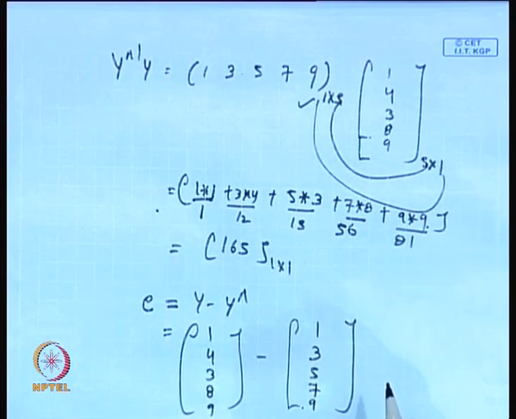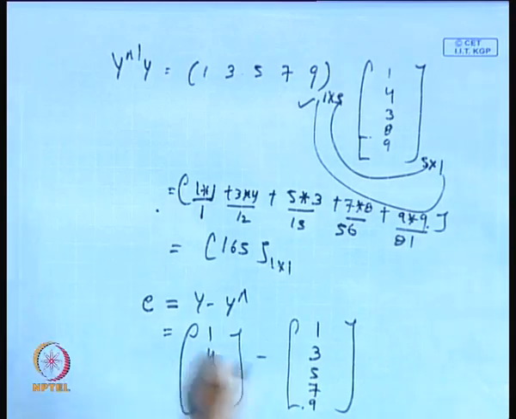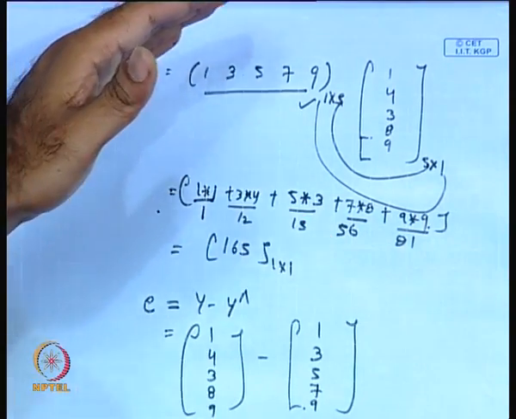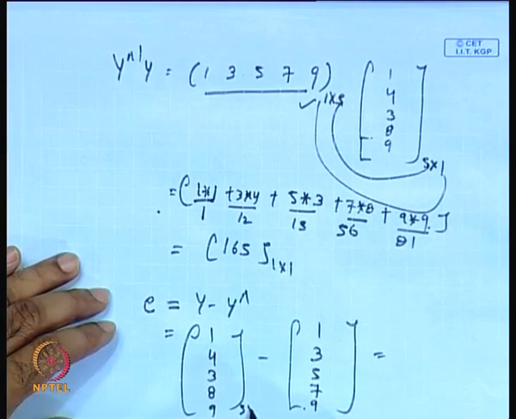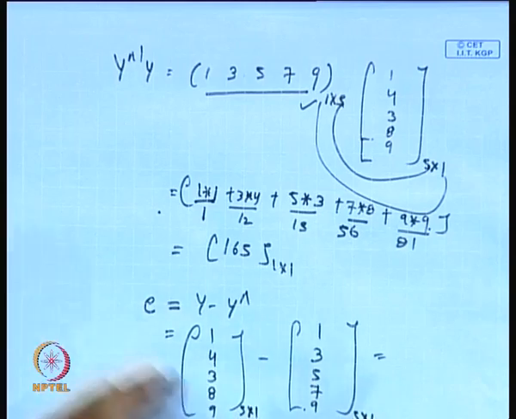We multiply the x vector with beta head to get y head. Obviously 1 3 5 7 9 will be in a column shape, so this is 5 cross 1 and this is 5 cross 1, so subtraction is possible.